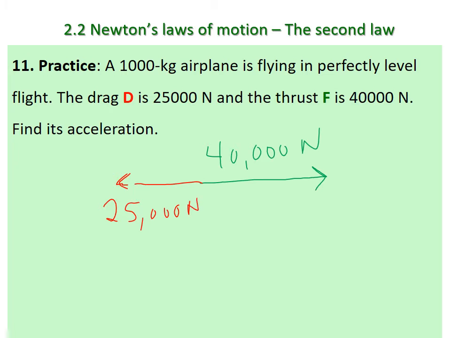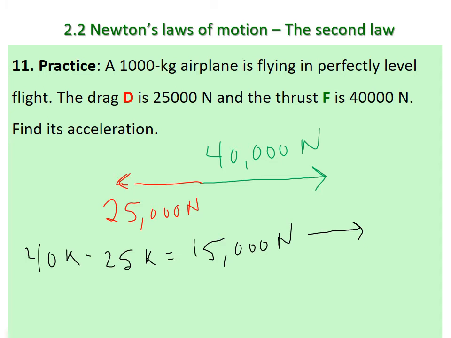So according to Newton's law, this thing has a net force acting on it. This net force is 40K minus 25K, which is equal to 15,000 newtons. So that is the resulting force, and it is to the right. My 40,000 newton magnitude vector is larger than the 25,000 newtons, so 15,000 newtons left over.